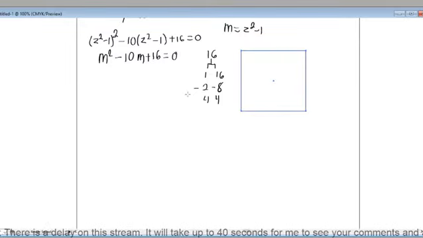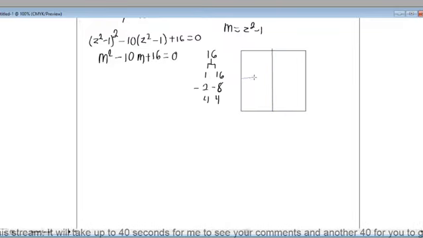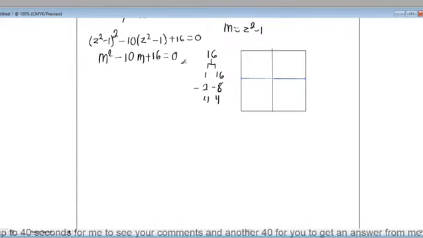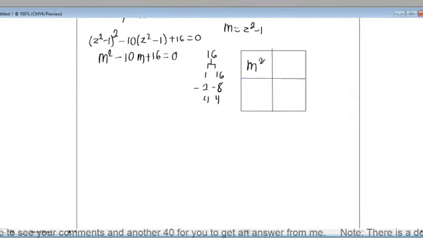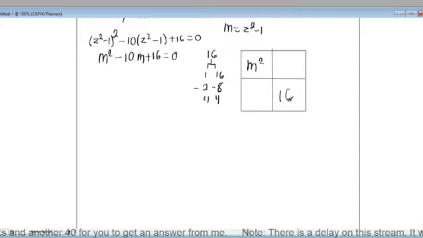So next I'm going to draw up a box for my box method. And first term goes in the first box, so m squared goes in here. Last term goes in last box, 16. Doesn't matter which one of these goes which place here.